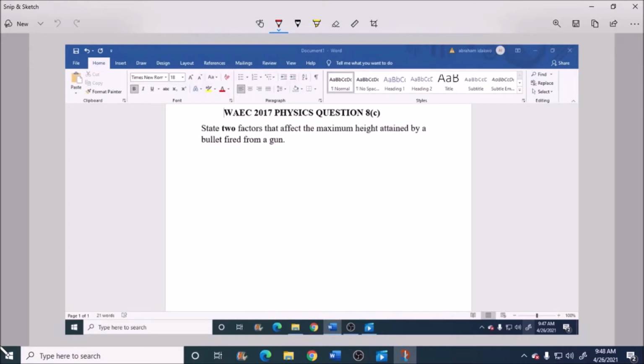Okay, so I want to outline the factors that affect the maximum height of a bullet. Now I have more than two. So the first is initial velocity.